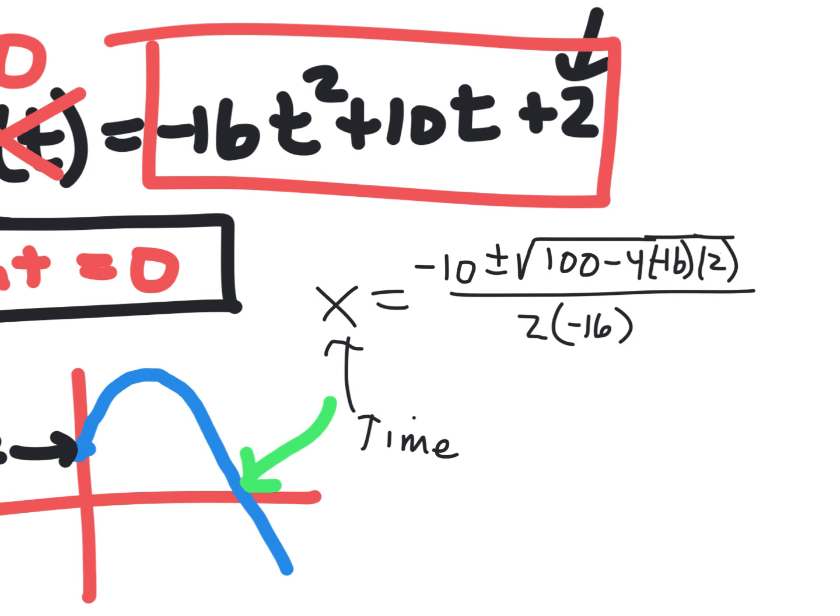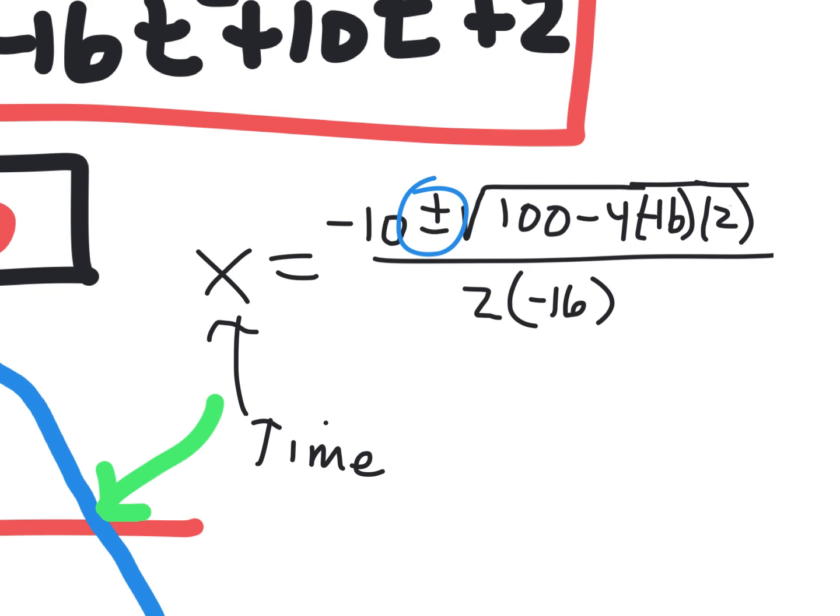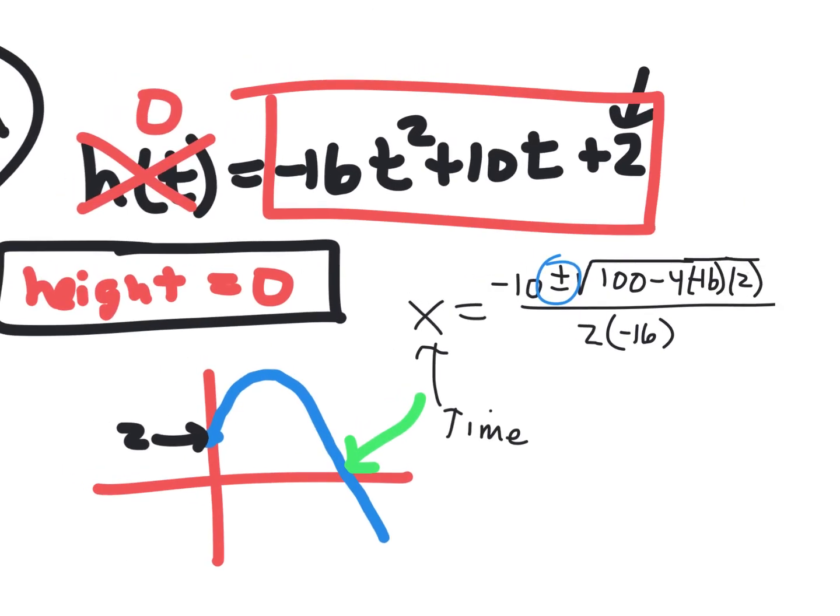Do you get that we would have two answers because it has a plus and a minus here? You're going to get two answers. You just have to be smart enough to go, okay, the negative ones get thrown out because there's no such thing as negative time. And all the rest of this is just you having to type numbers into a calculator. All right, so what were the steps again? If they give you a height, you put it here.